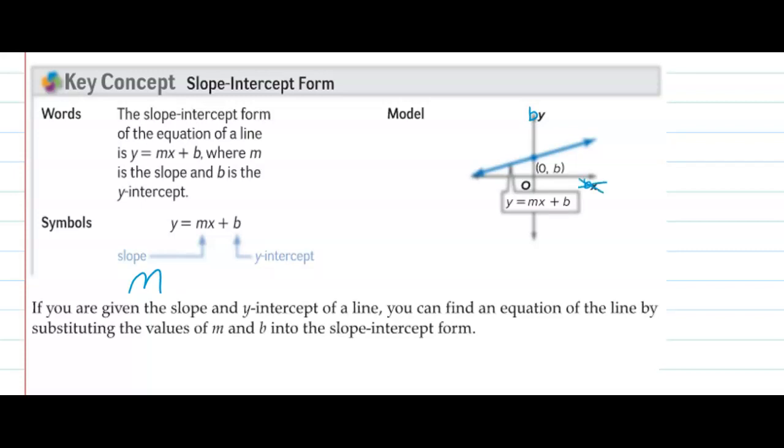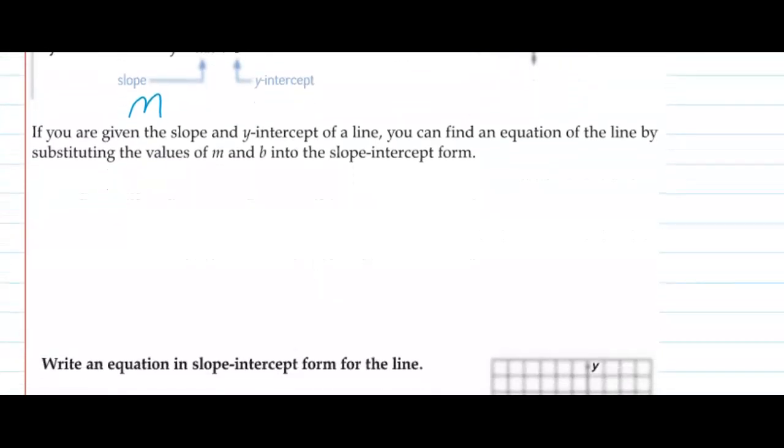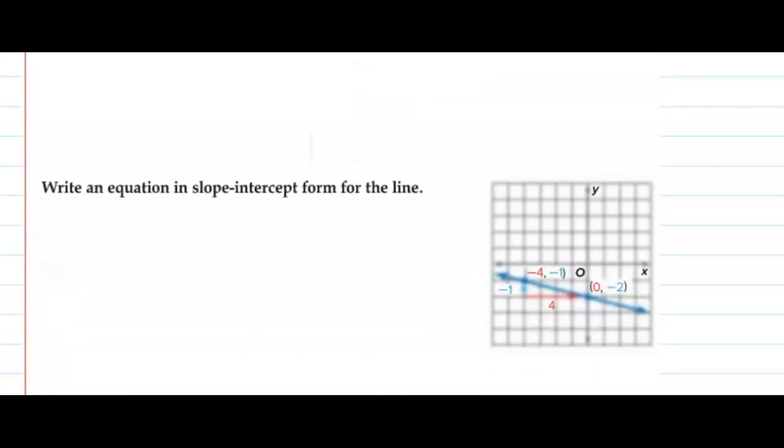So we would never put that value on the x-axis. It will always be on the y-axis. If we are given the slope and the y-intercept of a line, we can write the equation by simply putting in the value for m and the value for b.